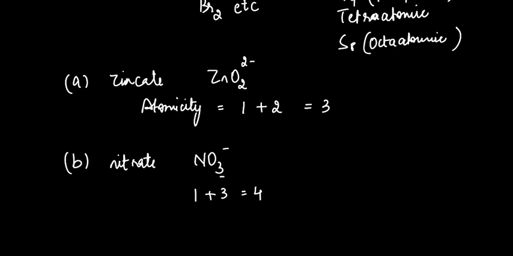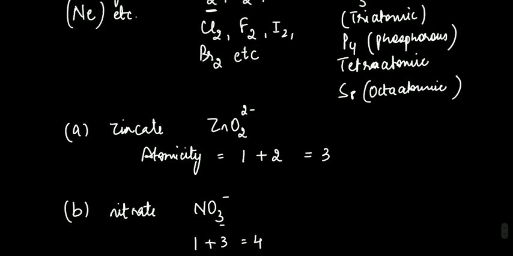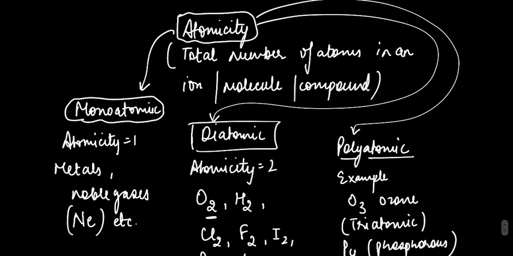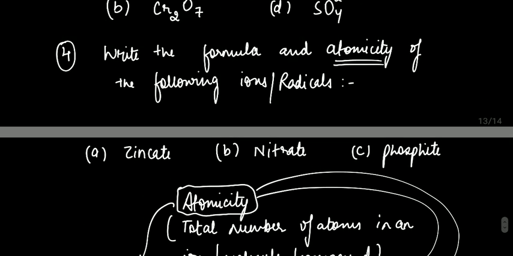Now, it can be a molecule, it can be a compound. You can apply this concept throughout chemistry, anywhere, in the ion part, in the molecular part. Atomicity on a standard rule is always calculated for molecules. But if somebody is asking in the question on a theoretical ground how many total atoms are there in the radicals or ions, then why not? We can answer.